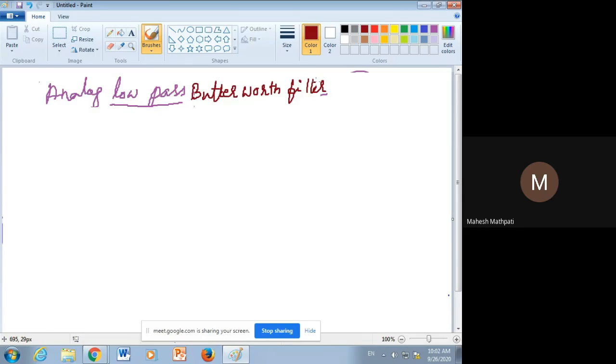Okay. Now we need to understand the characteristics of the Butterworth filter. Just a minute. Before starting with that, we will draw one diagram.